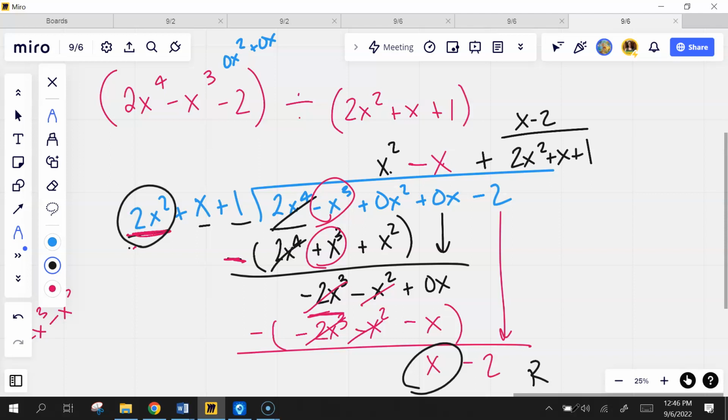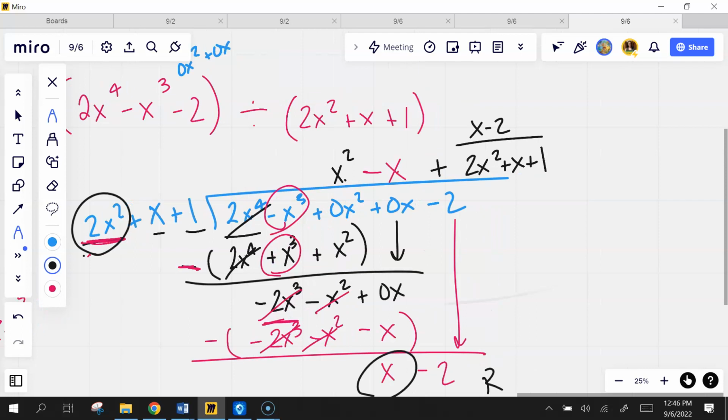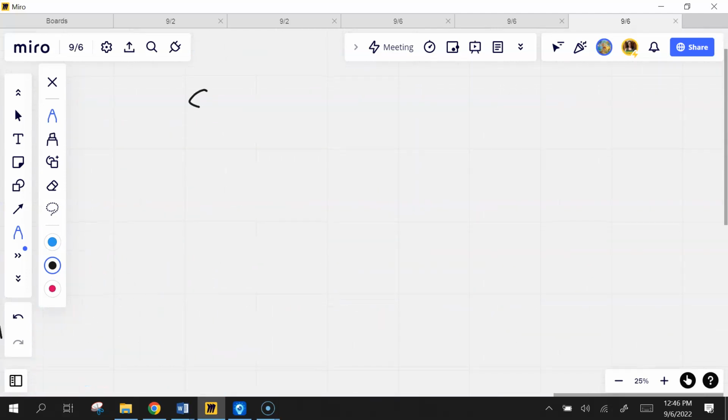Then we talked about some special situations with polynomial division, sometimes when we didn't have to be quite so involved in working these problems. Do you remember what that was? Synthetic division. But synthetic division only works in a certain situation.